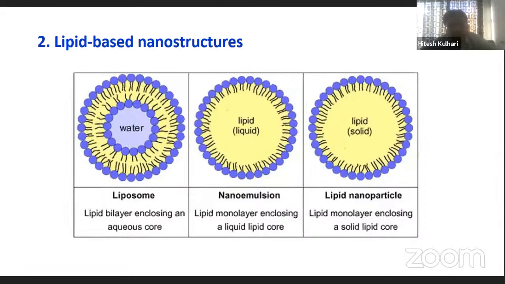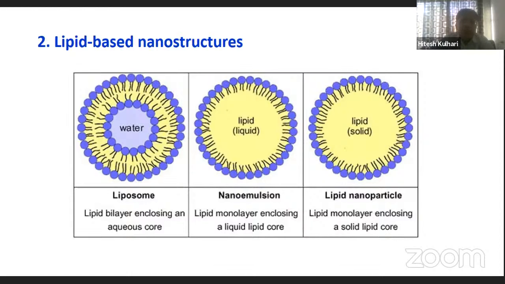As our body is made up mainly of phospholipids, we can use various types of lipids which are already present in our body. Similar kinds of lipids we can use for making those nanoparticles. Like liposome is one type of lipid-based nanostructure. We can make emulsion formulations using lipids, and we can also form solid lipid nanoparticles using physiological lipids like stearic acid, glycerol monostearate, tristearin, palmitic acid.